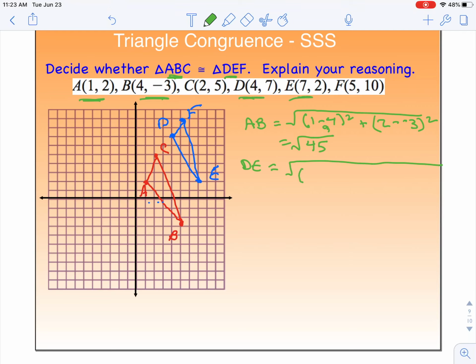So now I'm going to do DE. Take the difference in the x's, 4 minus 7 squared, plus the difference in the y's, 7 minus 2 squared.